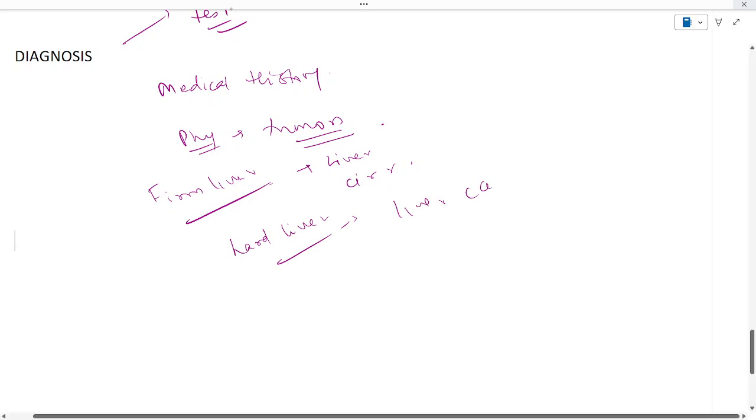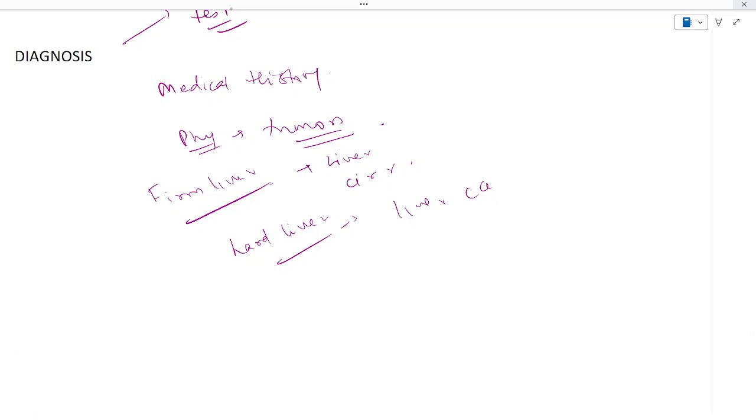However, tests are usually needed to confirm an exact diagnosis. Various blood tests are done, and these will show whether the raised level of bilirubin is conjugated or unconjugated, and this further helps to narrow down the possible causes of jaundice.